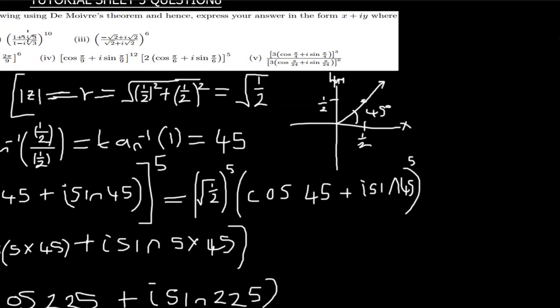You can do this: 1 plus the root of 3 i, close brackets, to the power 10, and then again 1 minus i root 3 to the power 10. So you do them separately like that.